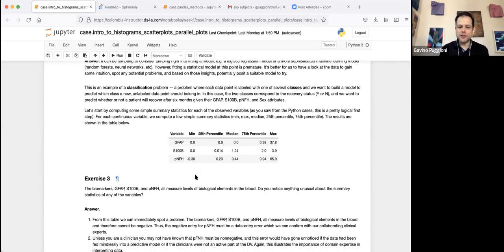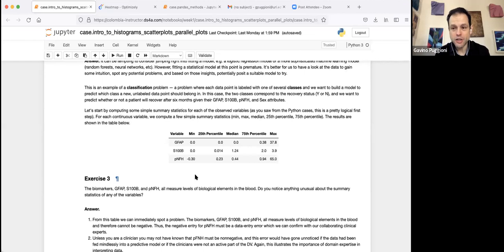Unless you are a clinician, you may not even know that this marker could have been non-negative, and this error could have gone unnoticed if you just start analyzing it without doing an exploratory data analysis. And now this is a tiny data set. If you think about it, you only have 31 rows. Imagine if you have a large data set with hundreds or thousands of rows.